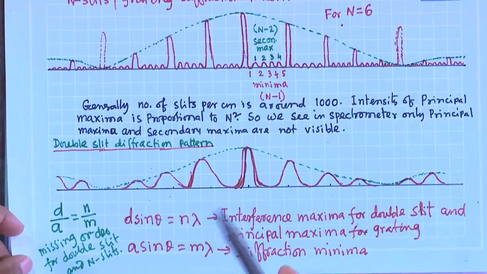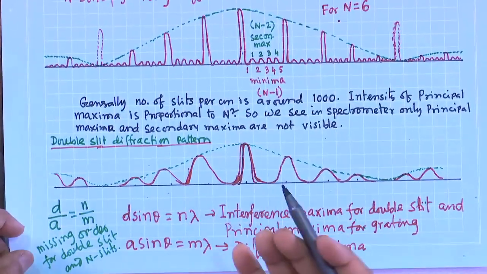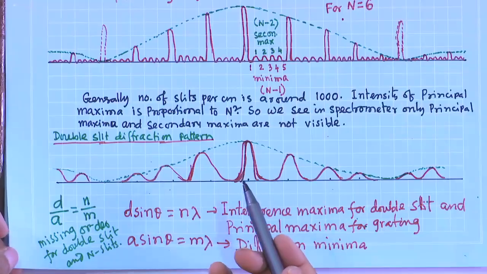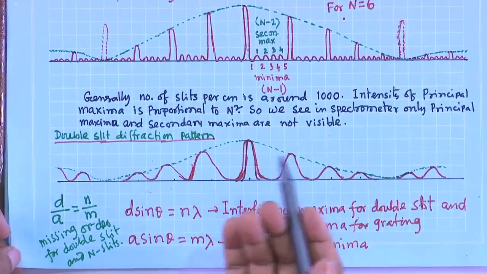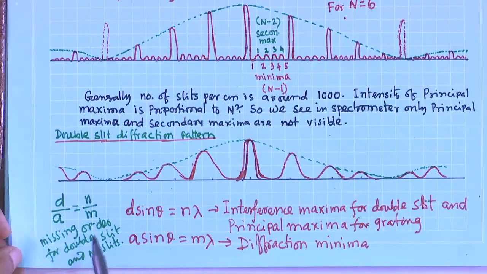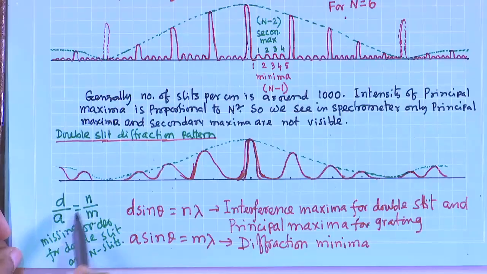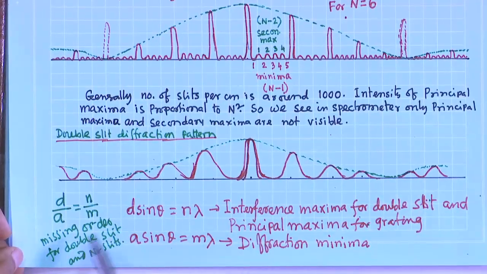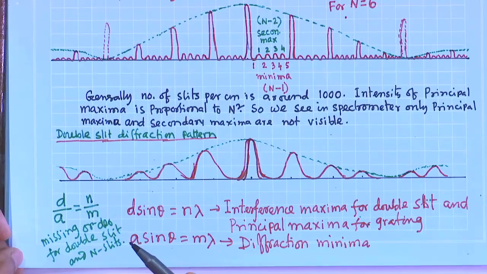And then the missing order in this case, the missing of the principal maxima: the same way as for double slit, whatever d by a equal to n lambda, you can find out the missing order for the principal maxima in case of grating.